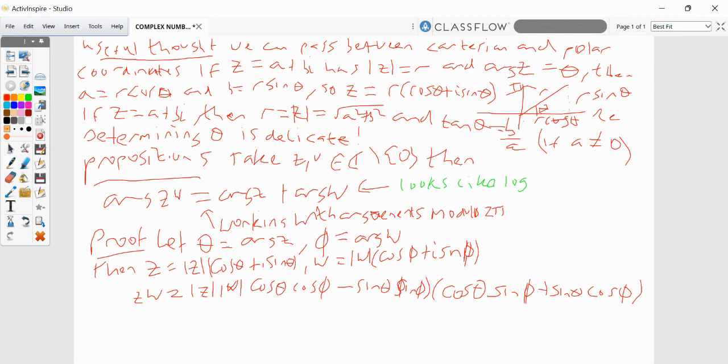So, if you think back to your trig work that you did in LMAS, or whichever equivalent you did, these look like your double angle formulae. So, you would end up having cos theta plus phi plus i sine of theta plus phi.